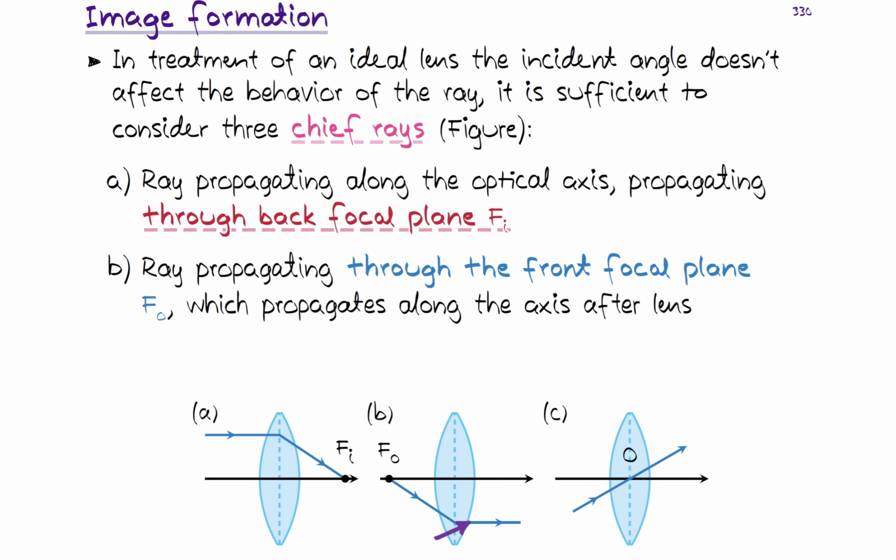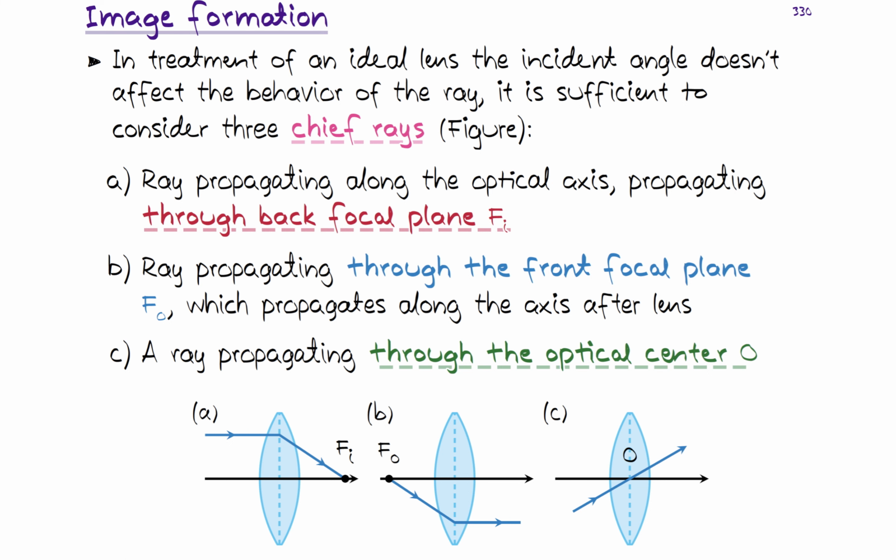And then eventually it will be hitting our image point, since there will be no deviation from the optical axis. So we know already that the image plane will be somehow along this line here. We do not know how far it is from the lens, but at least we know how far it is from the optical axis.